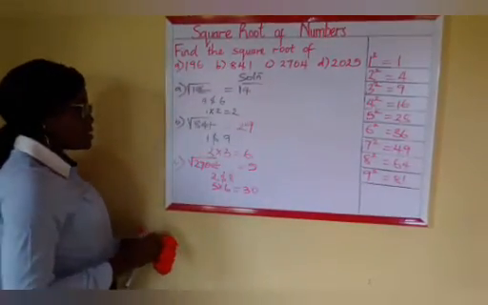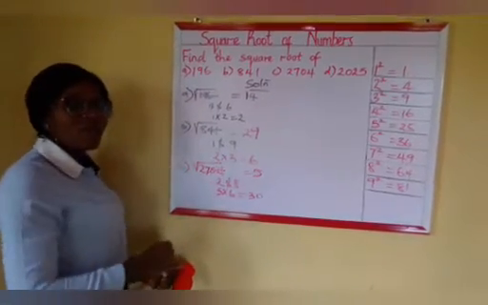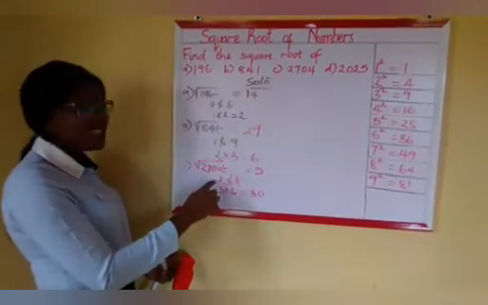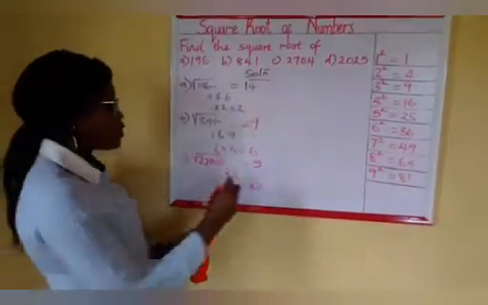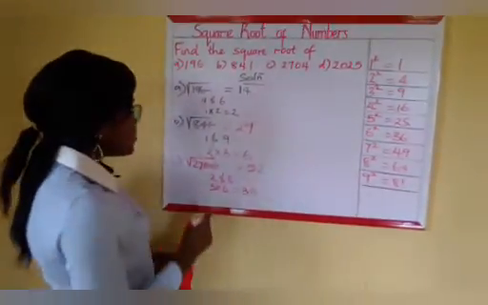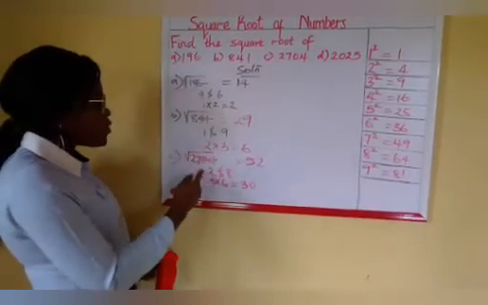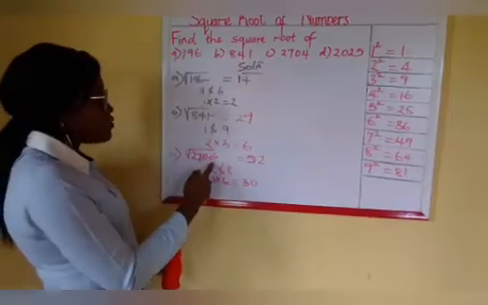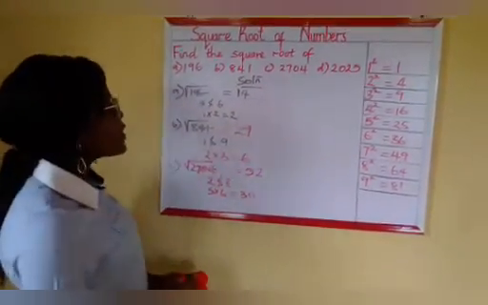Now looking at this, 27 is less than 30. So what do you think we are going to choose? We are going to choose the smaller number, and the smaller number is 2. Which means the square root of 2,704 is equals 52.